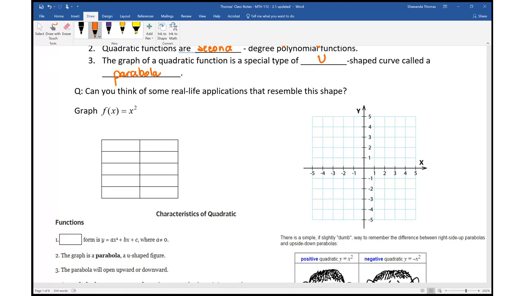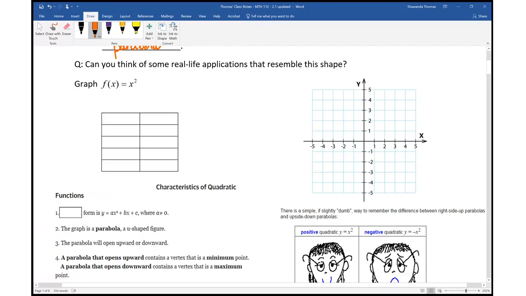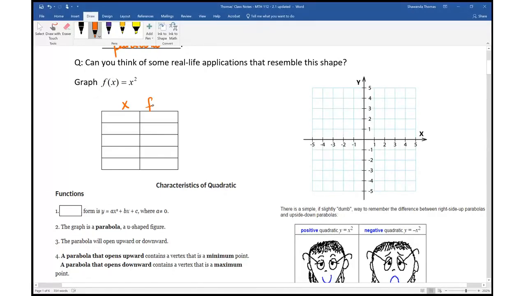Graph f of x equals x squared. We have x, f of x. Let's plug in some numbers for x. This is just a review because we understand that x squared is a parabola and it's U-shaped. Negative 2 squared would be 4.